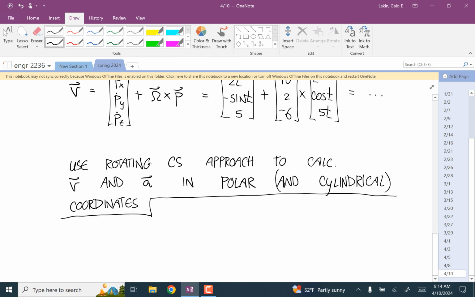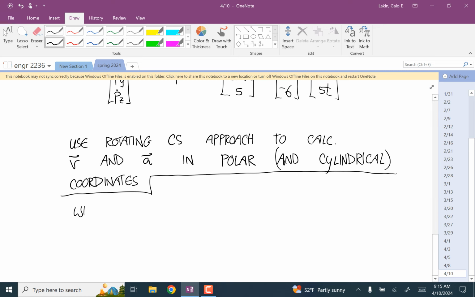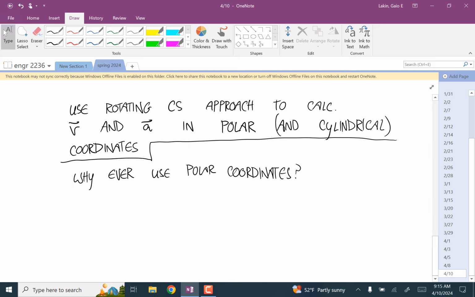Okay, so the first question is, why would you ever want to use polar coordinates? The answer is that for some shapes, some paths of an object, polar coordinates are just an easier way to represent things.